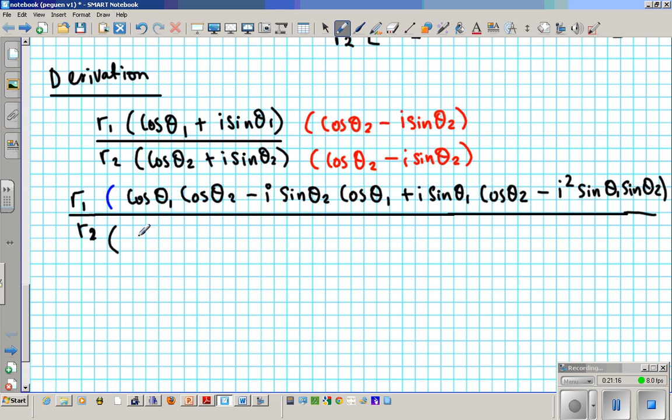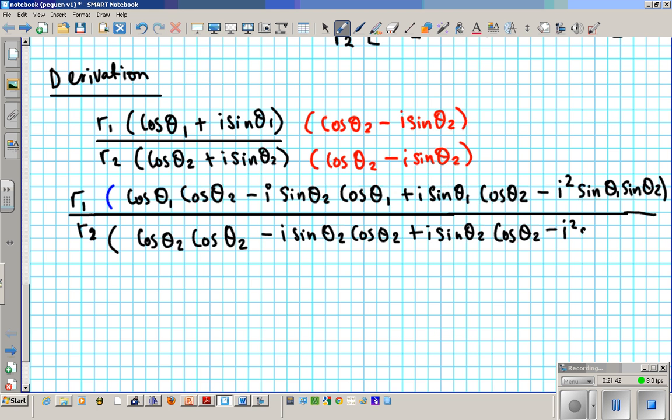If I distribute, it's cosine theta 2, cosine theta 2, minus I sine theta 2, cosine theta 2, plus I sine theta 2, cosine theta 2, minus I squared sine theta 2, sine theta 2. Okay?